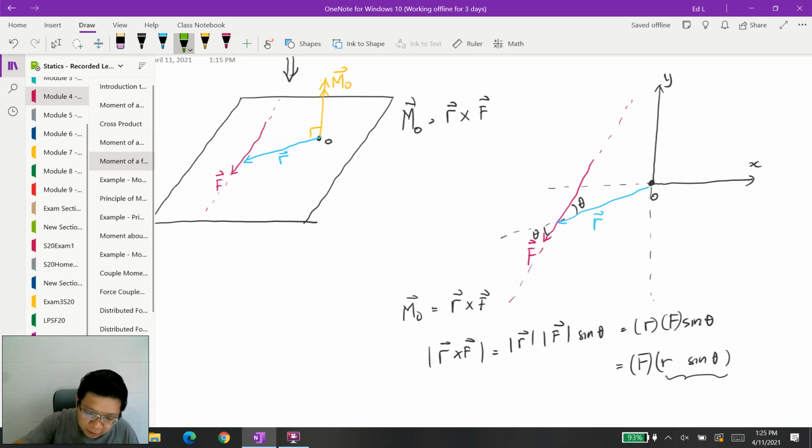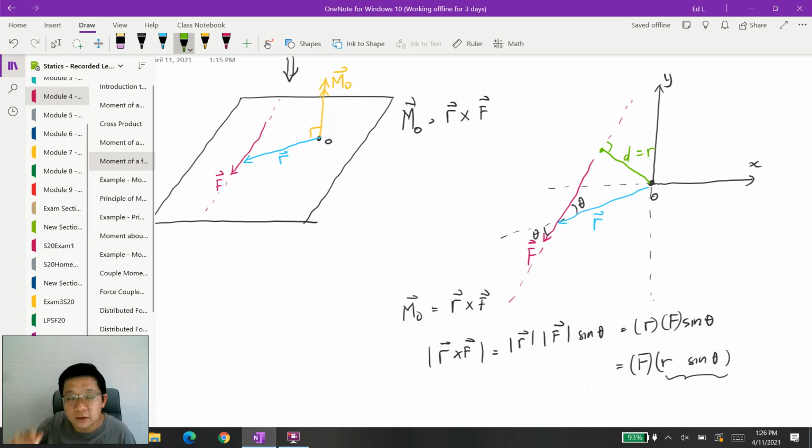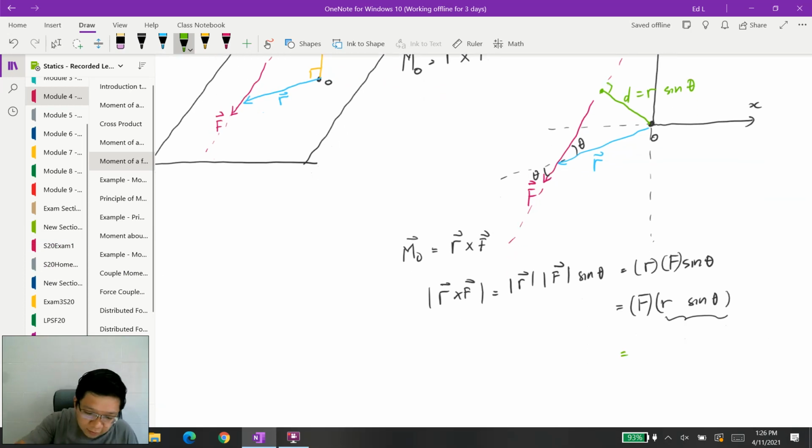If I draw a perpendicular line from point O to one point along the line of action of the force F, which gives me a perpendicular distance d from point O to the line of action, this d is nothing but R, which is the length of that position vector, times sine theta. So in other words, F R sine theta is equal to F d.